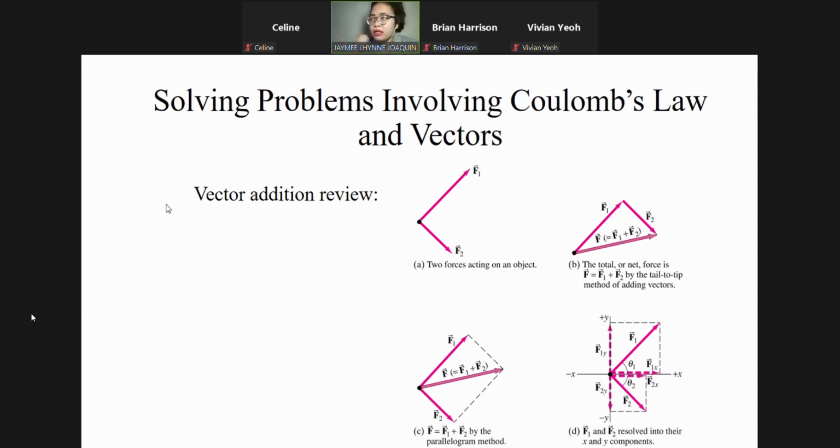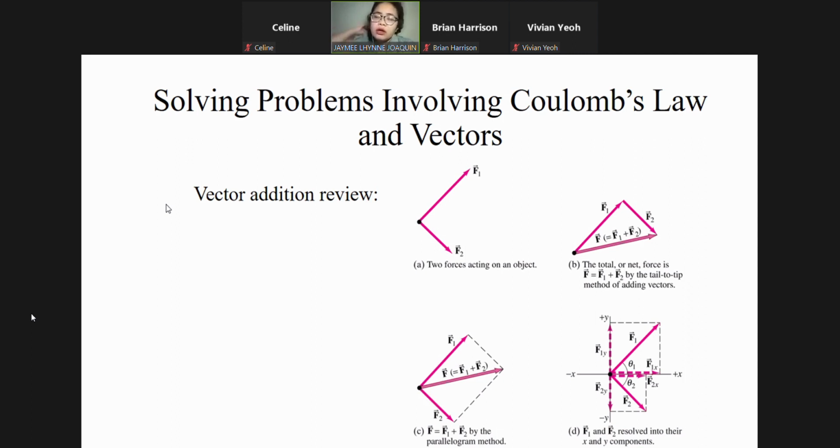Keep in mind that we will only be using the Pythagorean theorem. The Pythagorean theorem is used for solving problems about triangles, specifically right triangles.